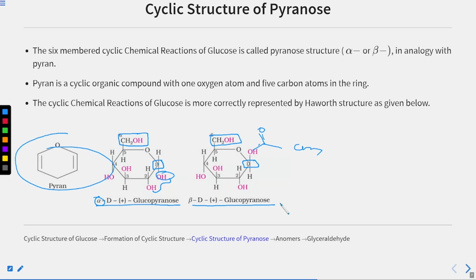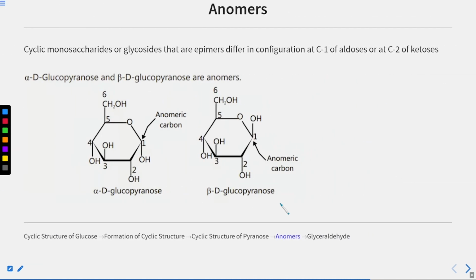Clear? Now both of these are called anomers of each other. This is just a stereochemical aspect of glucose, in which the position of the OH group has been changed. This is called the anomeric carbon and both of these are called anomers.